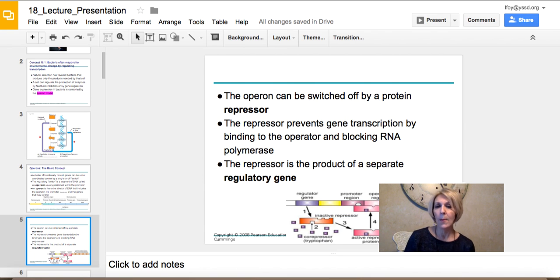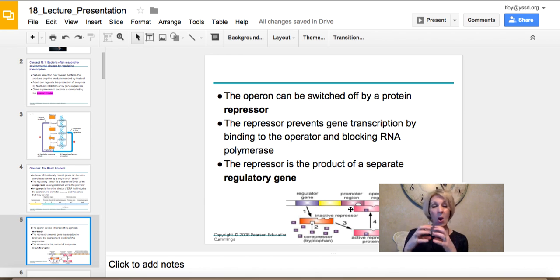So the operon can be switched off by a protein called a repressor. This regulatory gene that was upstream from the promoter doorknob, which is where the RNA polymerase sits, can sometimes make a protein called a repressor protein. When that repressor protein is present, it can sit on the operator region, and when it does that, it blocks the promoter region.